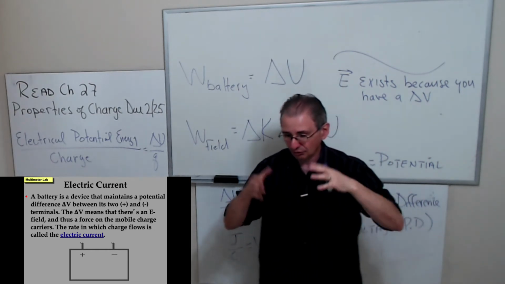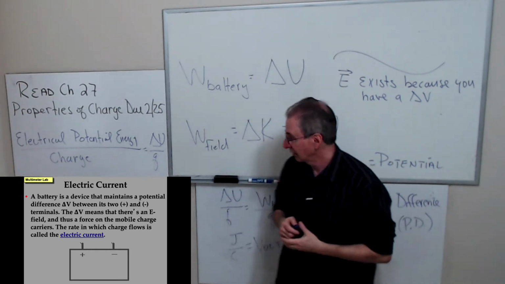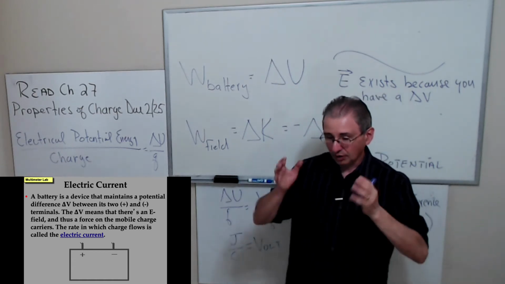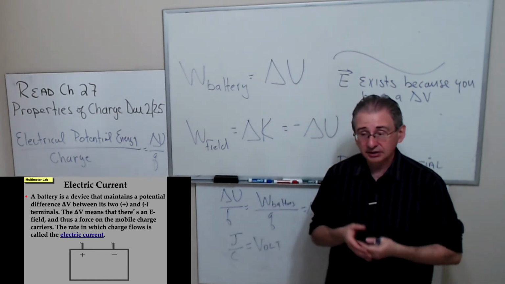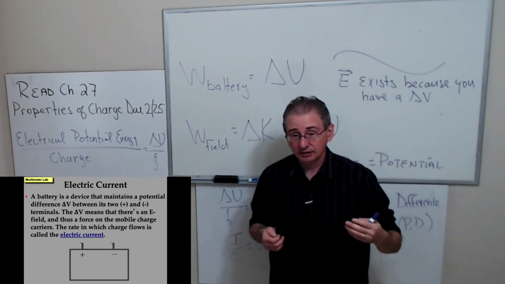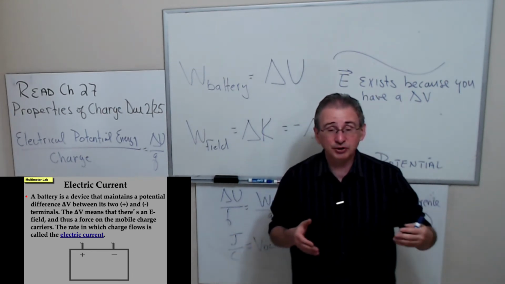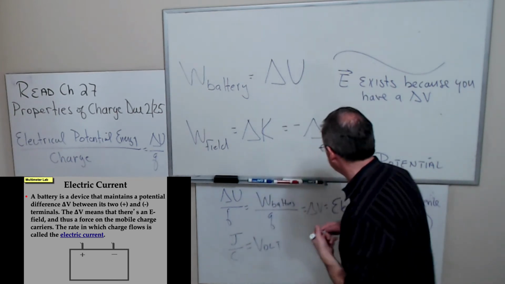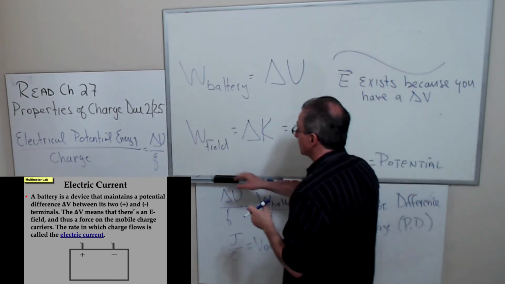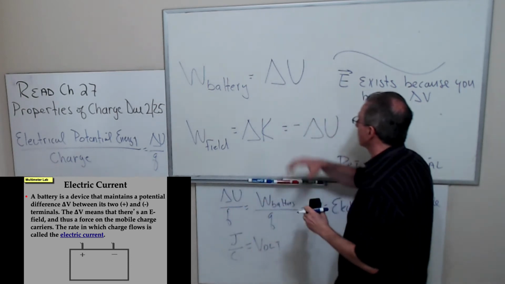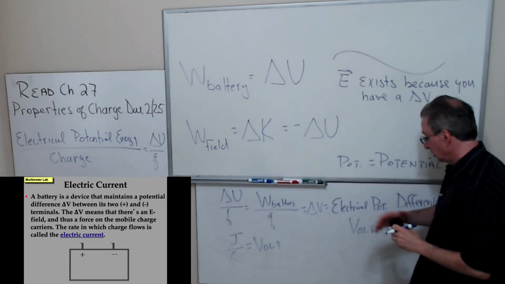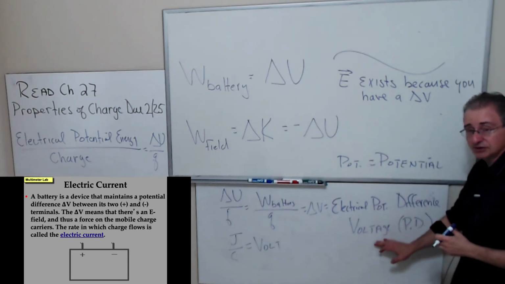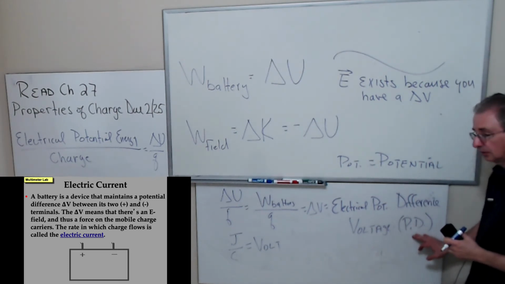You look at things collectively because we can't look at what happens at each one of the electrons. So one is delta V. The other one is the amount of charge per unit of time that's flowing through the wire at any particular point in the wire. So one of the things that we use to characterize what's happening in a circuit is your electrical potential difference, also known as the voltage, or the PD.